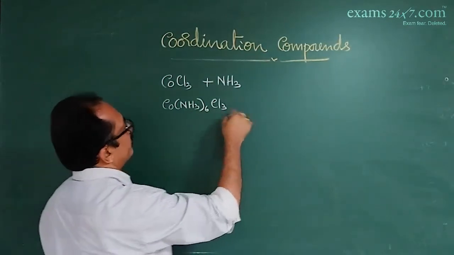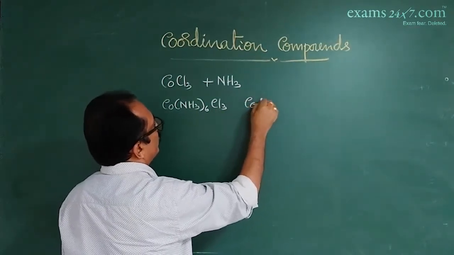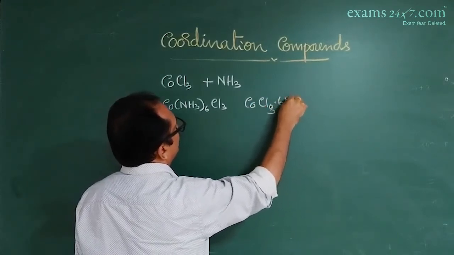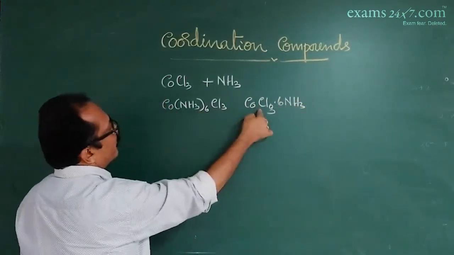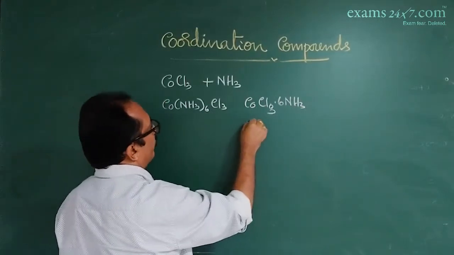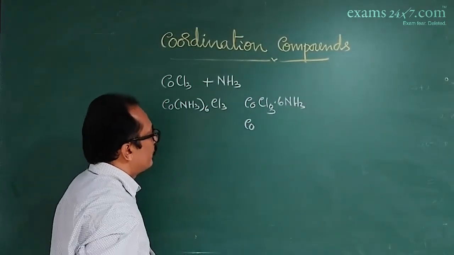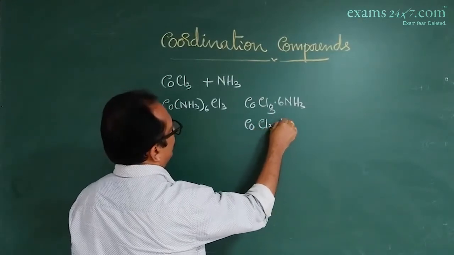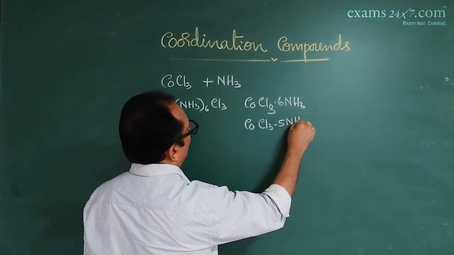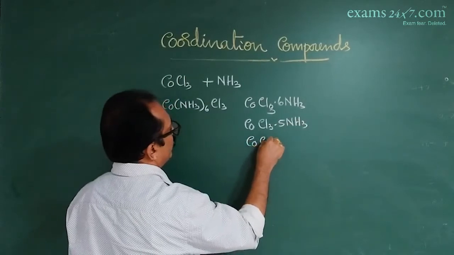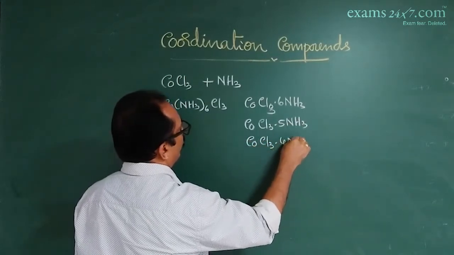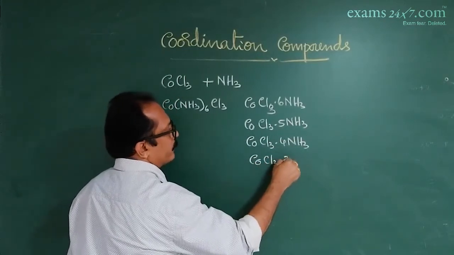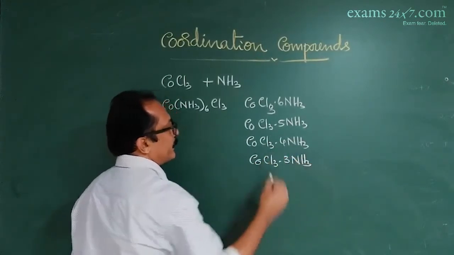They are formed like this: CoCl3·6NH3, the formula of this complex, or CoCl3·5NH3, CoCl3·4NH3, CoCl3·3NH3.